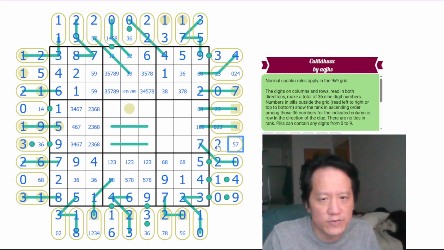So this is 25 or 27. Where's the 1 in column 9? It has to be here, which forces this to be 0. And this is an even digit. So it cannot be... It has to be 2 mod 3. That only leaves 2. So this is 0, 2.